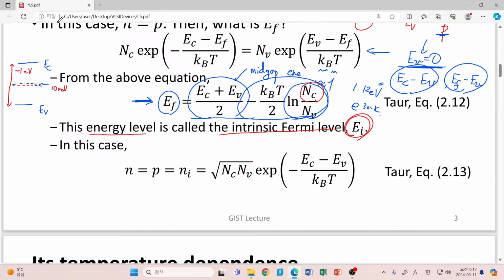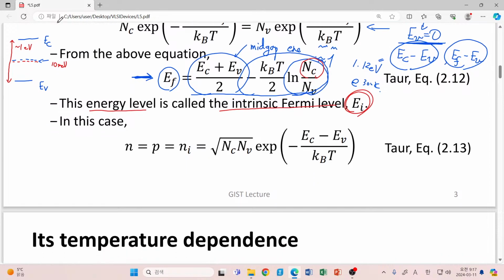Now let's think about this case. Here we have EC and EV. And instead of this intrinsic case, consider a certain extrinsic case. Extrinsic means that this silicon material is no longer perfectly pure.